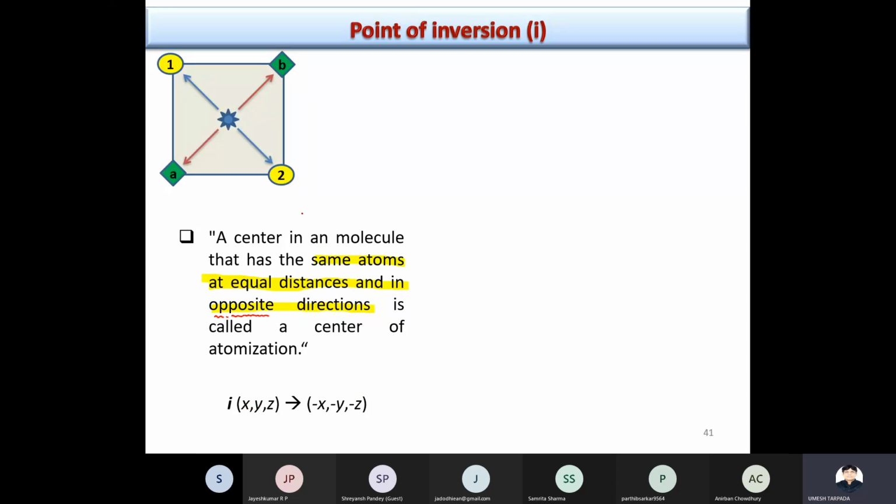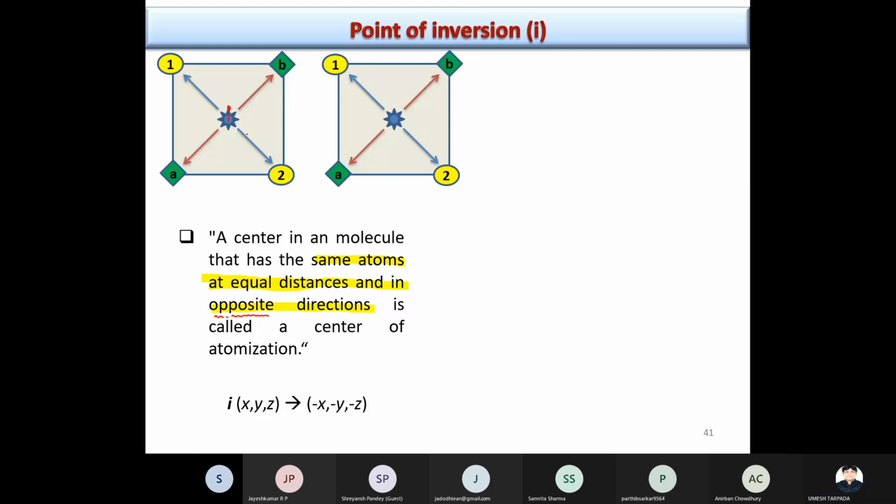Suppose in this molecule I want to take a center of inversion I here. I want to do this point of inversion I process. Then what change takes place? Which two atoms can change their position? A and B can change their position, and 1 and 2 can change their position in this way.